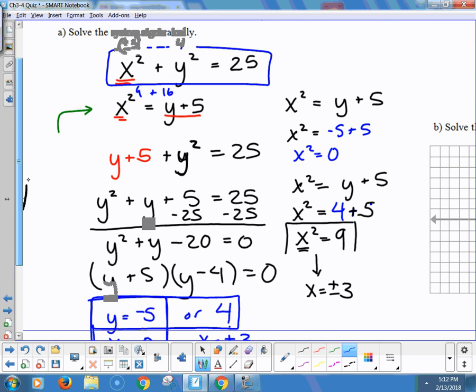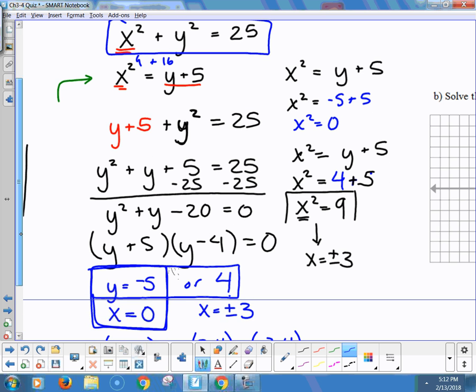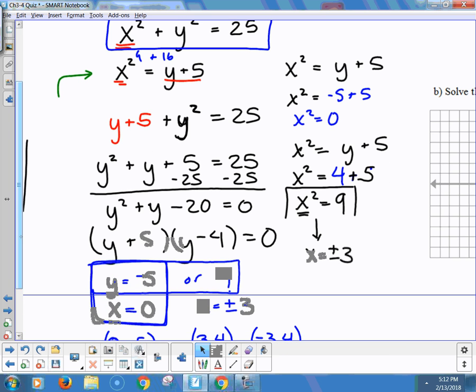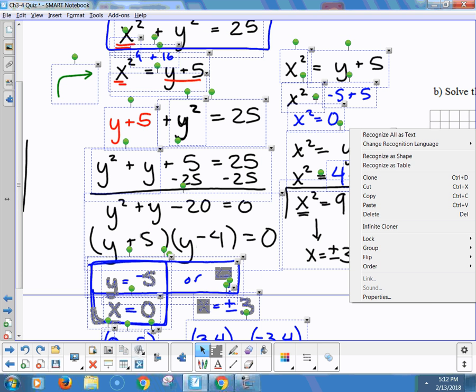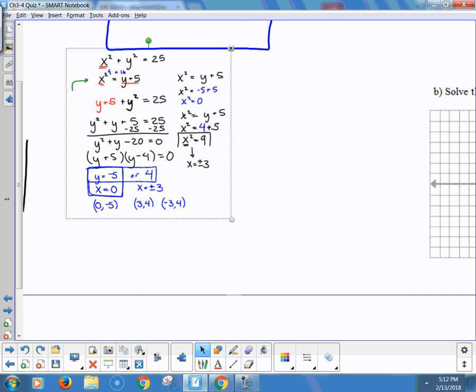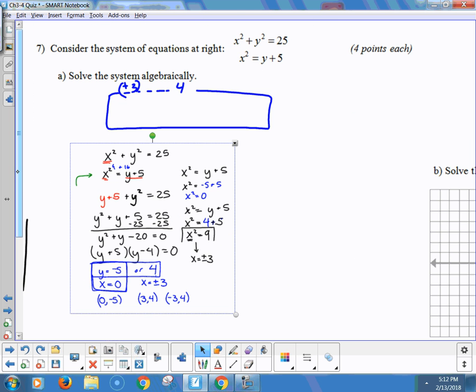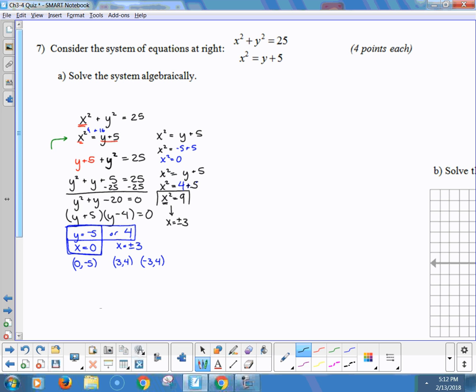Thinking about this thing graphically. Let me clean this whole mess up. There we go. So thinking about this problem graphically, what we have here is a circle and a parabola.